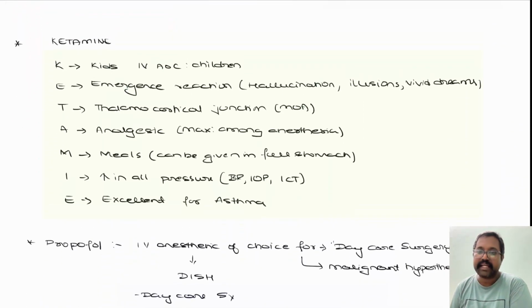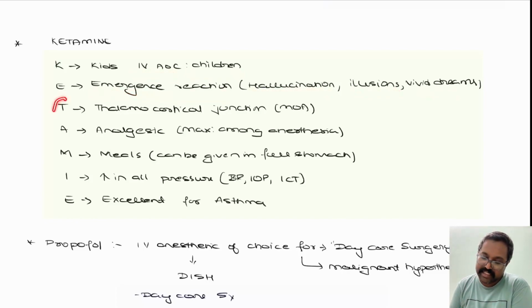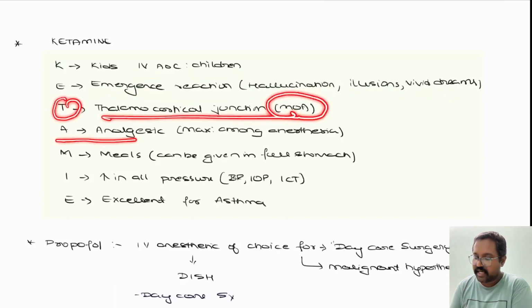So how to remember the ketamine? K stands for kids, they are used in kids, so they are the IV anesthetic agent of choice in case of children. E stands for emergency reaction, which is a side effect that can occur after long-term usage of ketamine. It causes hallucination, illusion, vivid dreams. Basically, this action takes place at the thalamocortical junction, which is the mechanism of action, and A stands for analgesic activity, maximum among anesthetic agents.